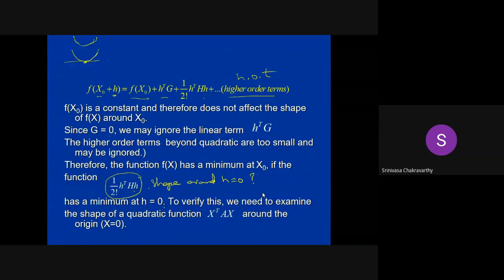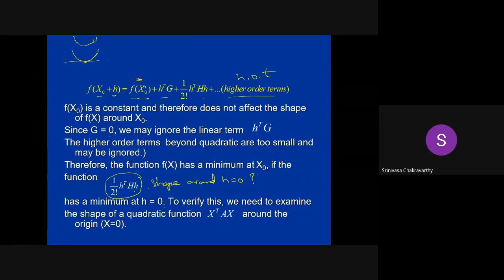Because if you want to define the minimum or a maximum of a multivariate function, and you expand that as this Taylor series, then at the minimum or a maximum the gradient should be 0, so g will be 0, right?